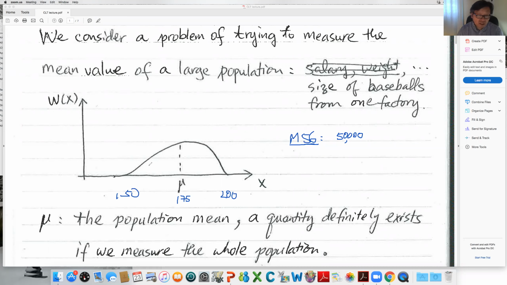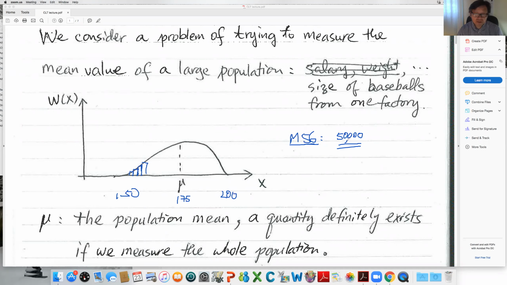And then you count how many people are between 150 and 155, and then the next 5-pound bin, you count how many people, and so forth. If you count all 50,000 of us, then you will get this distribution. You'll get this curve.